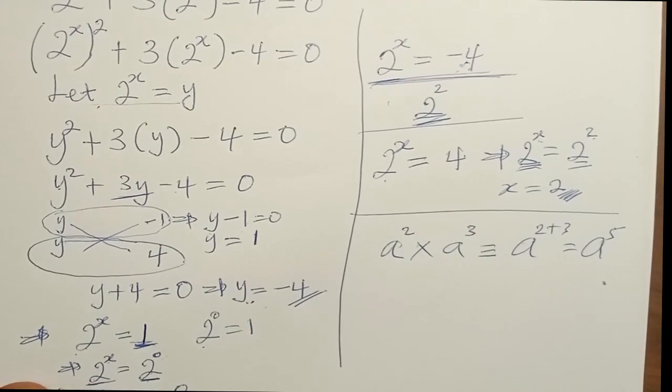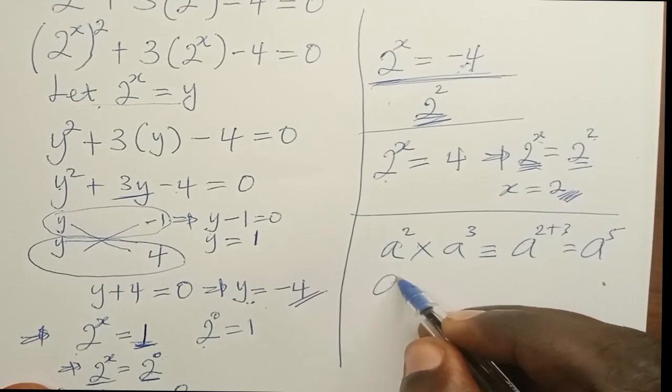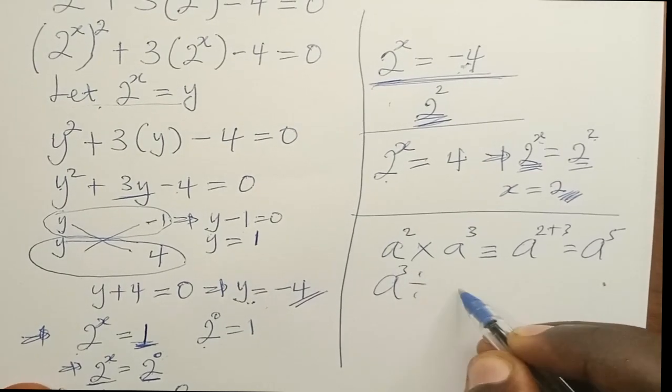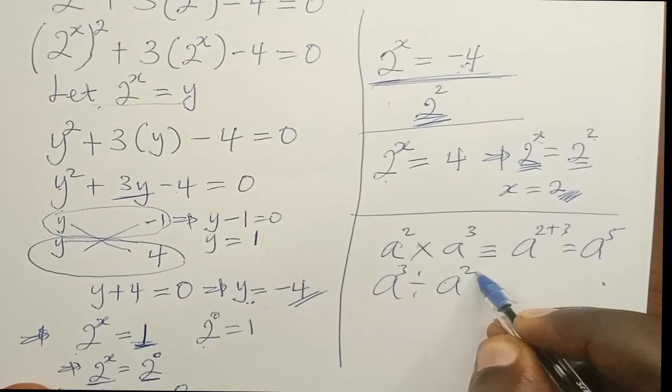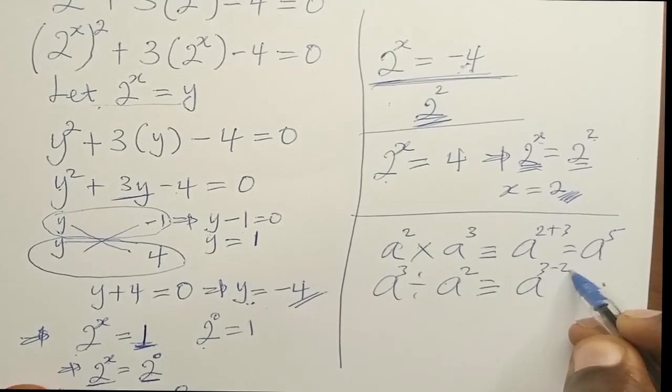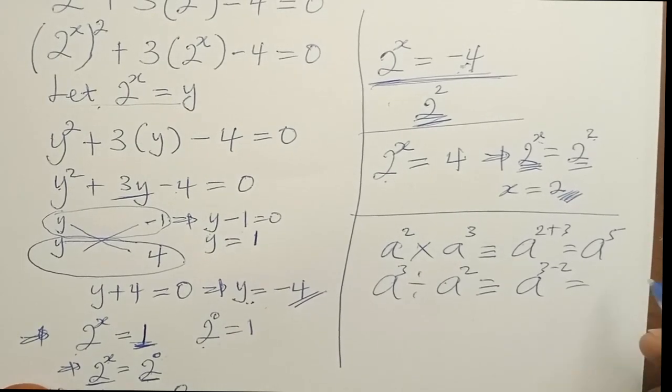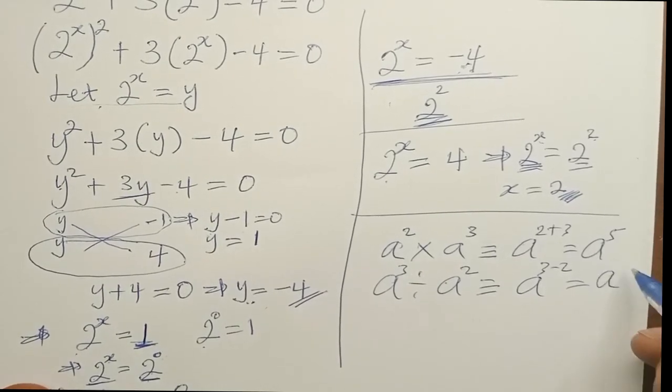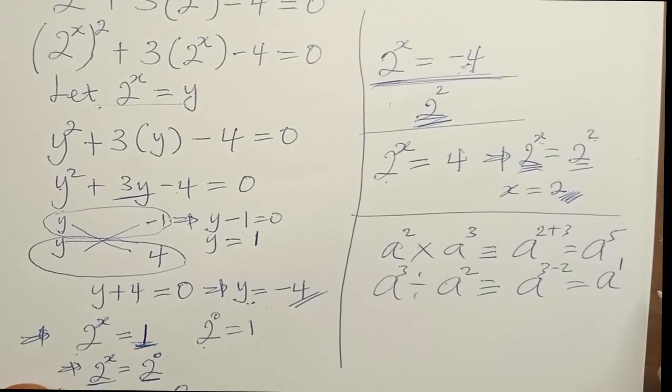Now, another rule here states that if a raised to the power 3 is divided by a raised to the power 2, then of course it is the same as a raised to the power 3 minus 2, which is equal to a raised to the power 1, which is the same as a.